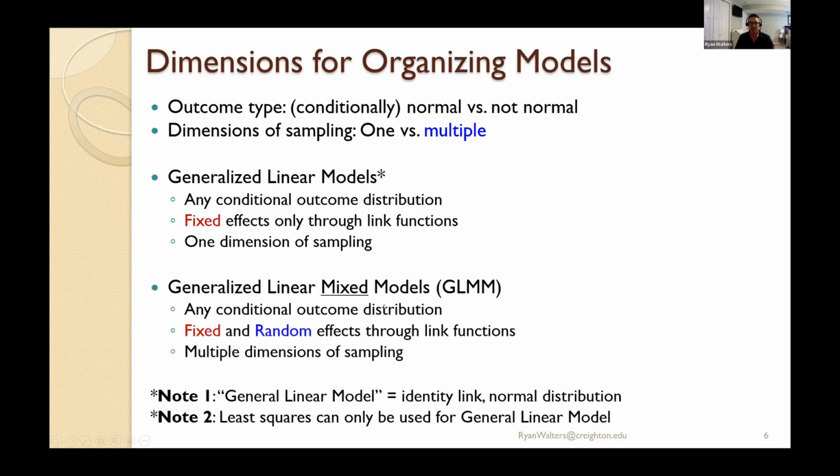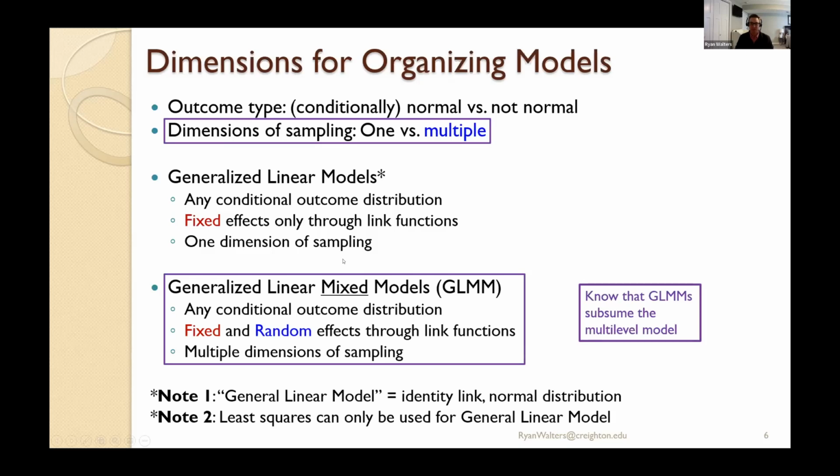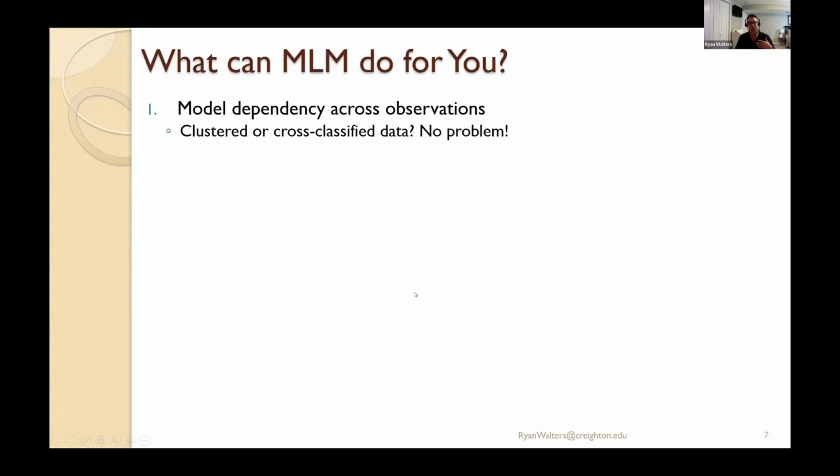Once we move into generalized linear mixed models, we're now talking about fixed and random effects. We still have the same link functions, response distributions available, etc. But now we have that random component that's going to capture the nested structures and that excess correlation or dependency. So again, we're going to be talking about multiple sampling dimensions, and we're going to capture those via fixed and random effects.